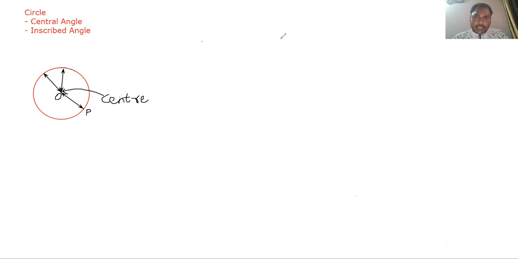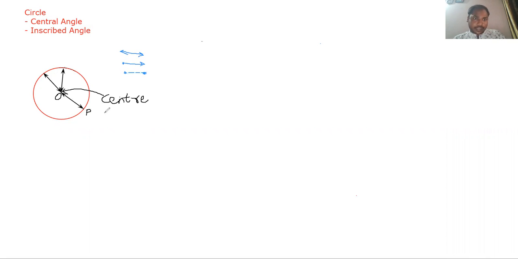OP is a line segment. First we will understand the line segment. As we draw it in this way, this one is known as a line. If we construct it in this manner, this one is known as a ray. And if we construct it in this manner, this is known as a line segment.